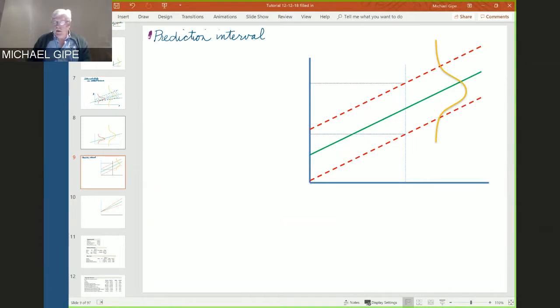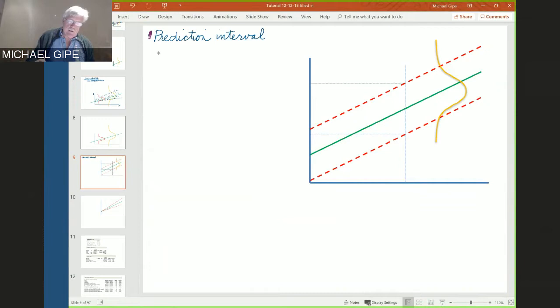So essentially, since we know the distribution of the errors above and below this regression line, and we assume that it's a normal distribution, we can make some statistical measures of how far from that regression line our prediction could be. And so what we're going to do is to figure out what our prediction interval is, that is the range above and below the regression line where a new value of y could be.